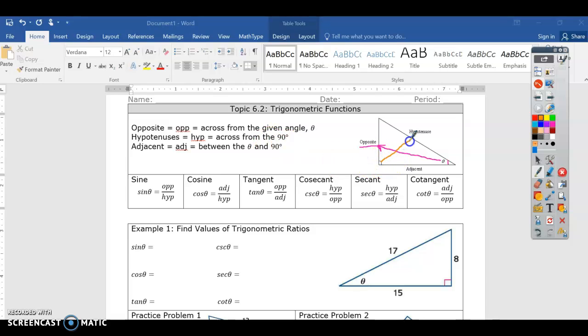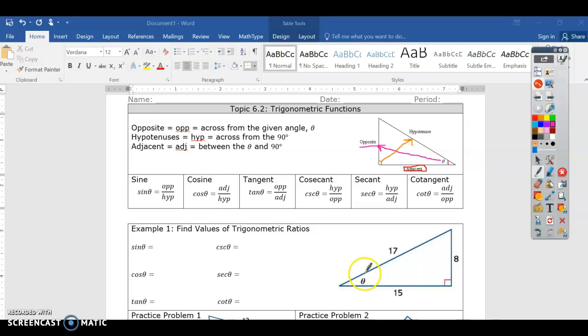And the side that is left is my adjacent side. I always find the opposite and the hypotenuse first, and then the side that's left is my adjacent.